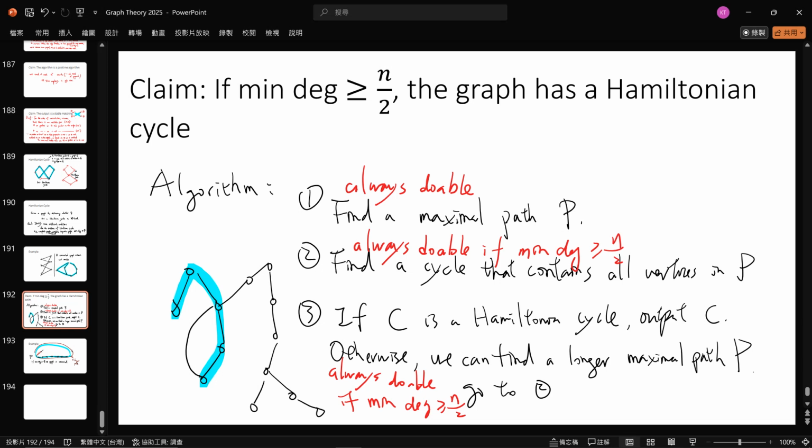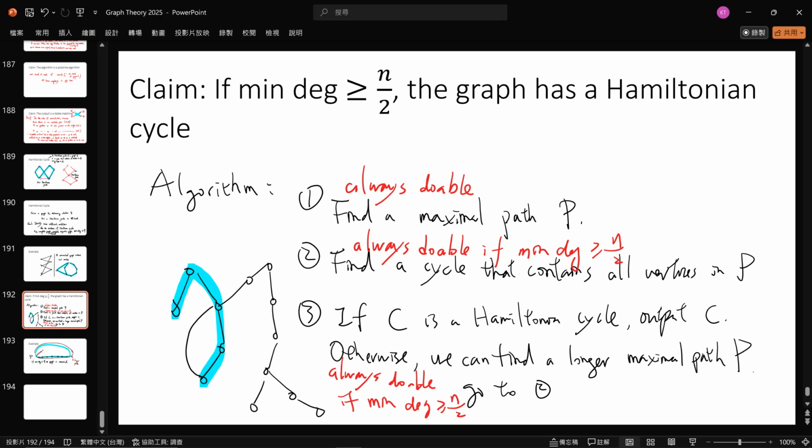Okay, so if all these 3 steps are always doable, then we know that we can always output a Hamiltonian cycle. Because if not, then there's a longer path, and then we can find a longer cycle. And once again, check whether this longer cycle is a Hamiltonian cycle or not.